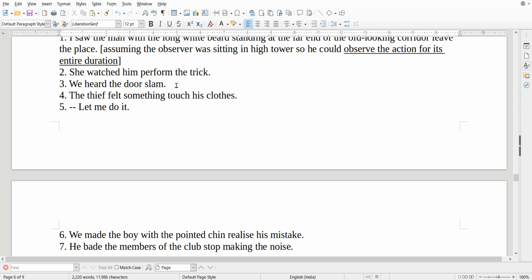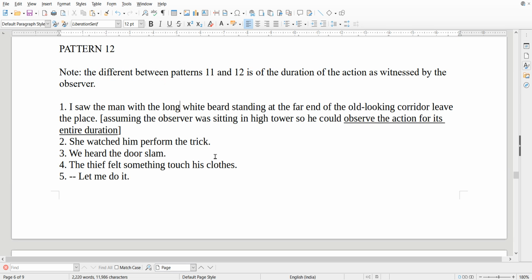So that was pattern 12. I have taken too much time discussing this pattern. Leave the place, perform the trick. We heard the door slam.